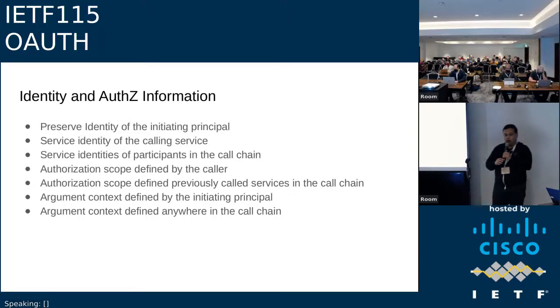And the context of the invocation should also be preserved, right? So that you cannot mutate what the call is about. So these are the pieces of information that we need to preserve along the call chain as we go.